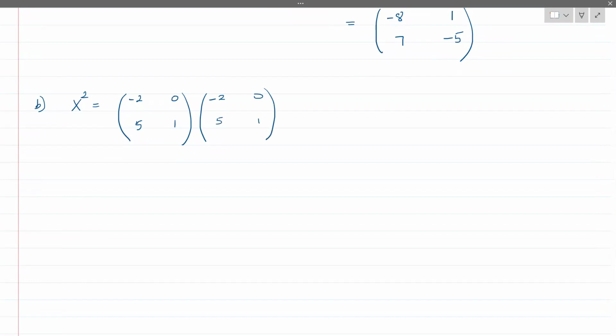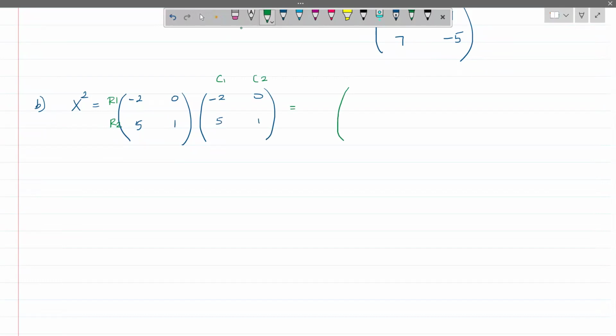So what we're doing here, we're doing matrix multiplication. So we have to do row 1, row 2, column 1, column 2, right? This is going to give us a 2 by 2 matrix. What I mean by that is the answer is going to have 2 rows and 2 columns. How can I tell?